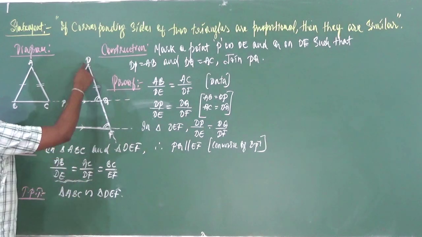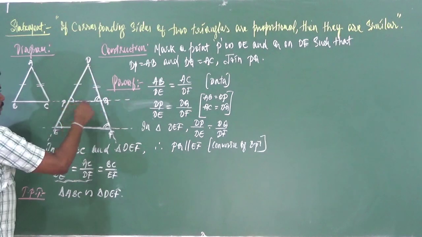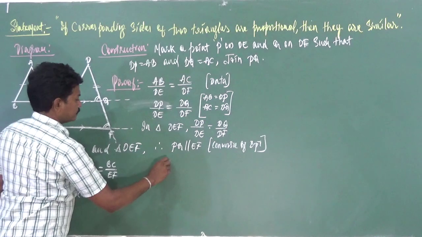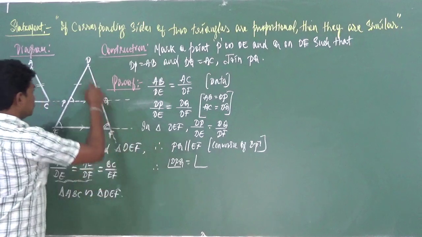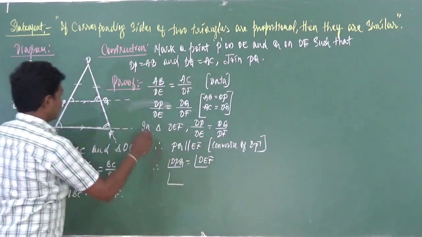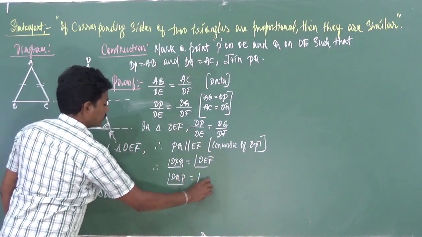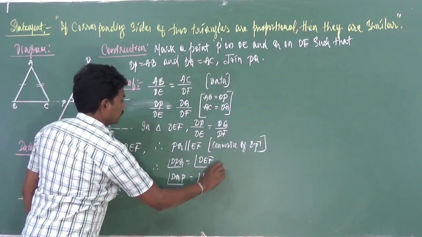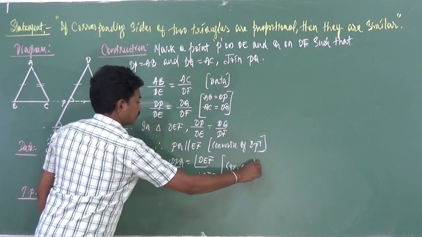Therefore, in triangle DPQ and triangle DEF, angle DPQ is equal to angle DEF, and angle DQP is equal to angle DFE. The reason is corresponding angles.